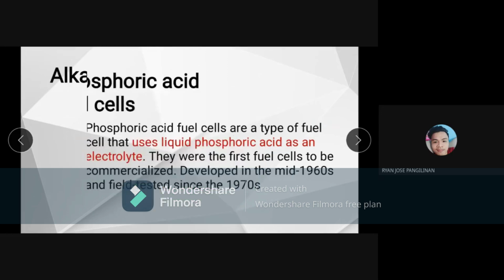Next is the phosphoric acid fuel cells. Phosphoric acid fuel cells are a type of fuel cell that uses liquid phosphoric acid as an electrolyte. They were the first fuel cells to be commercialized, developed in the mid 1960s and field tested since the 1970s.